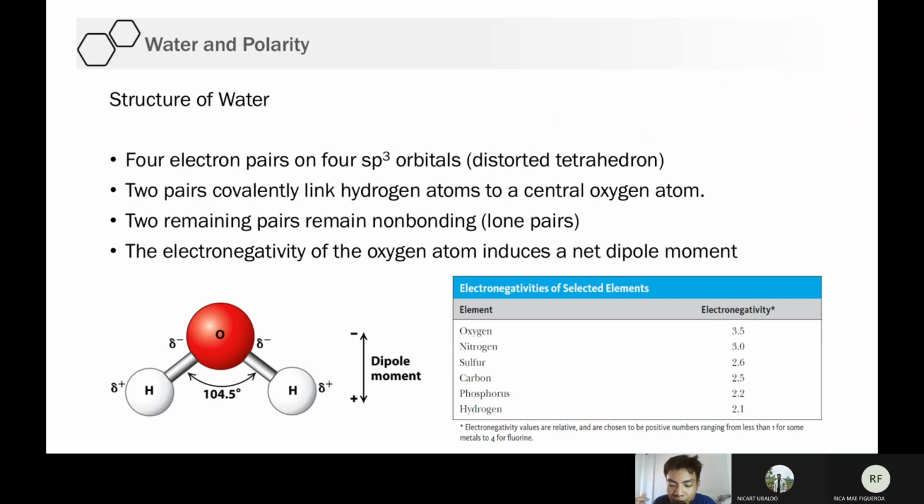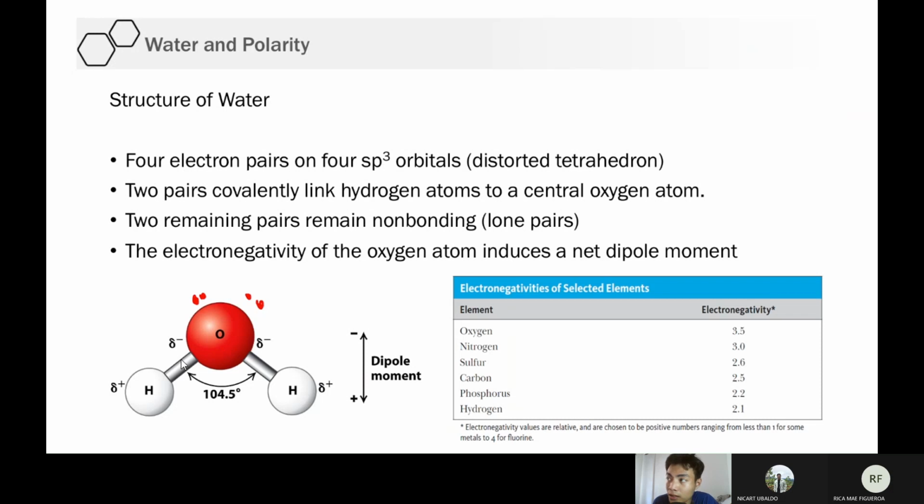Okay, so water is a polar molecule. Looking at the structure of water, we have 4 electron pairs, which is in a distorted tetrahedron geometry. So, asan yung 4 electron pairs? 2 of which ay lone pair. And then the other 2 electron pairs ay in the form of chemical bond, no?